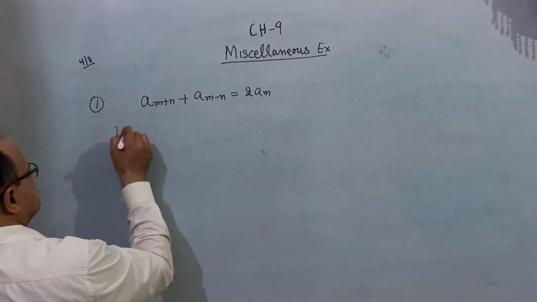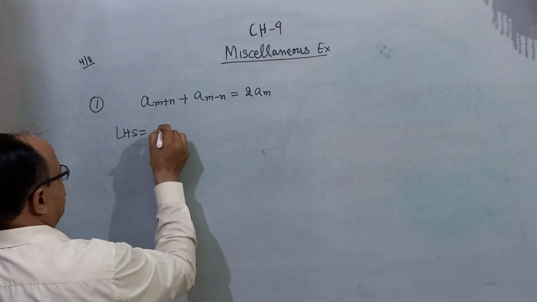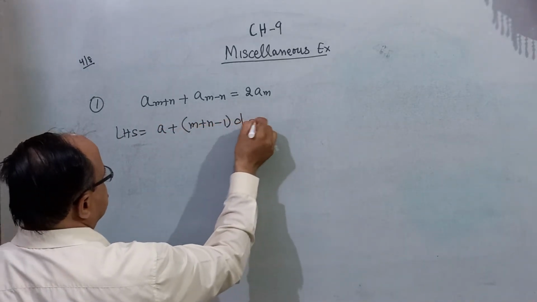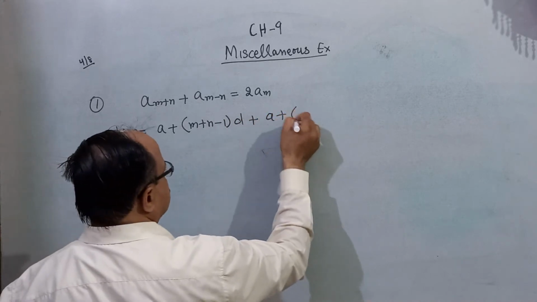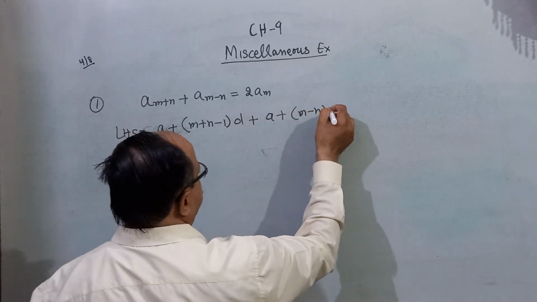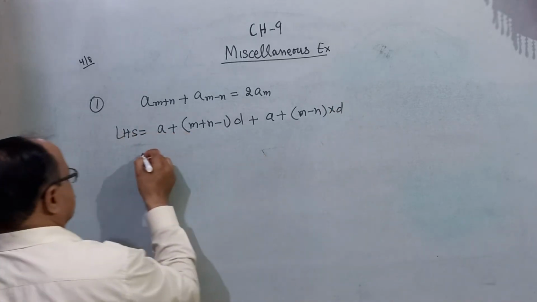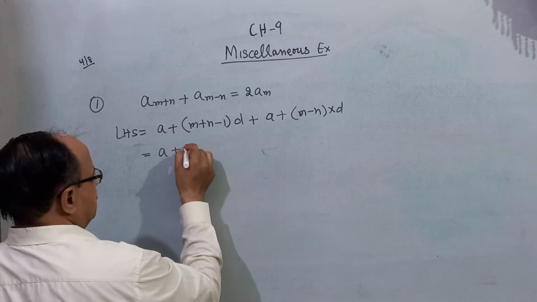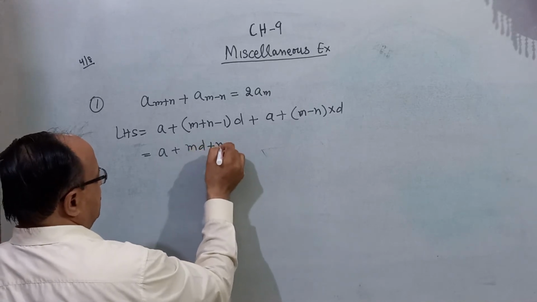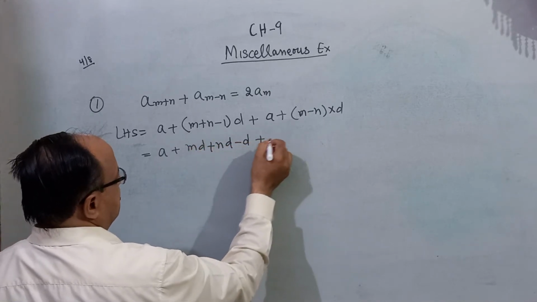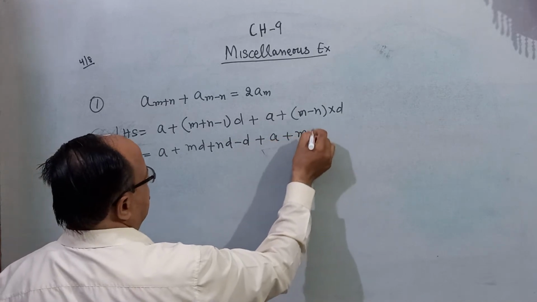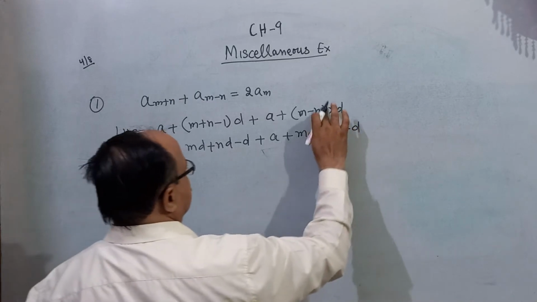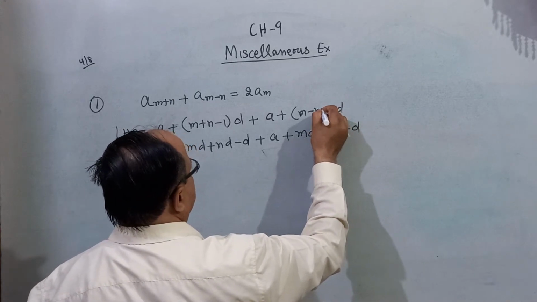Now the left hand side. You know the formula: a plus (m+n-1) into d, and a plus (m-n-1) into d. When you multiply with d, the whole bracket is multiplied by d: md plus nd minus d, and here md minus nd minus d.